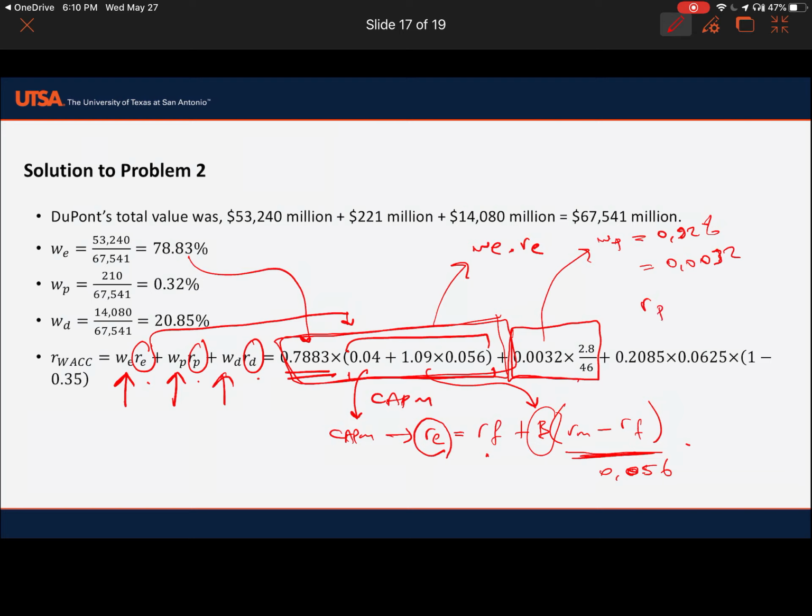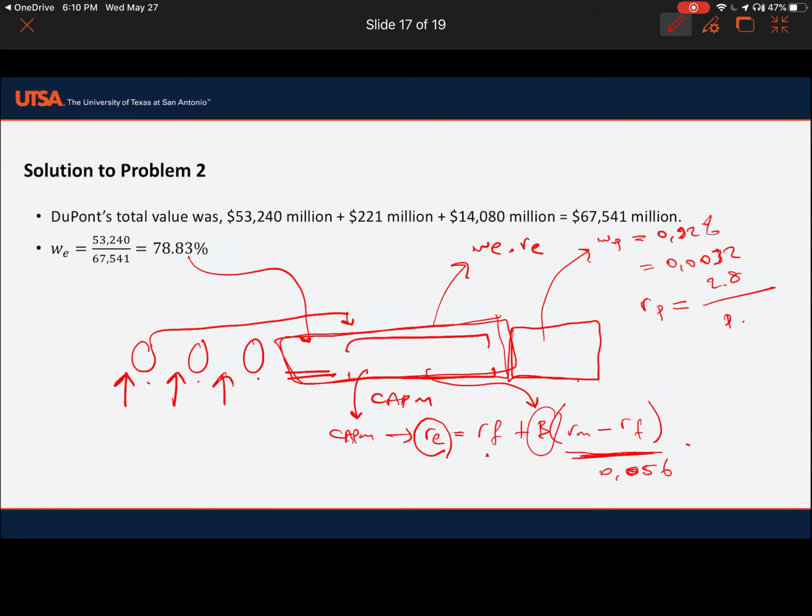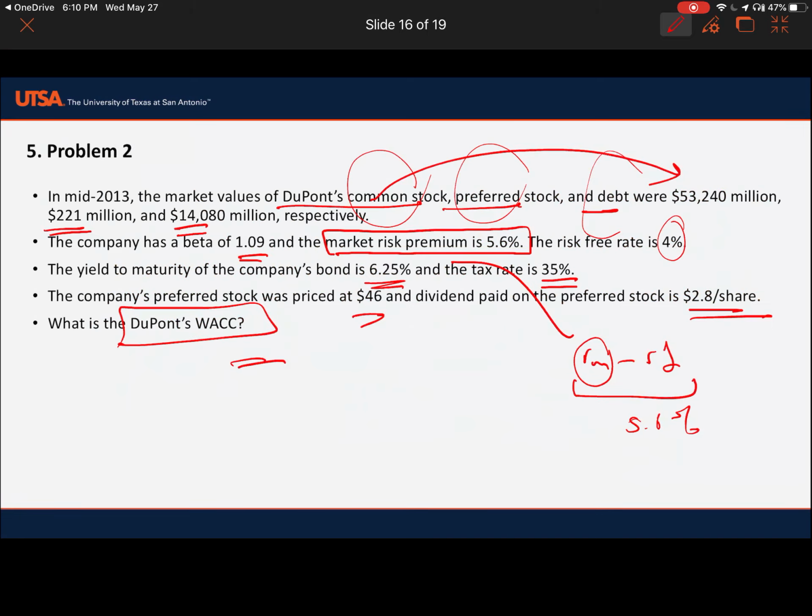How can we calculate the cost of preferred equity? It is the dividend paid per share, 2.8, divided by the price of share. What was the stock price? Let's go to the previous slide. Yes. The dividend paid on preferred stock is 2.8 per share, and the stock price is 46.